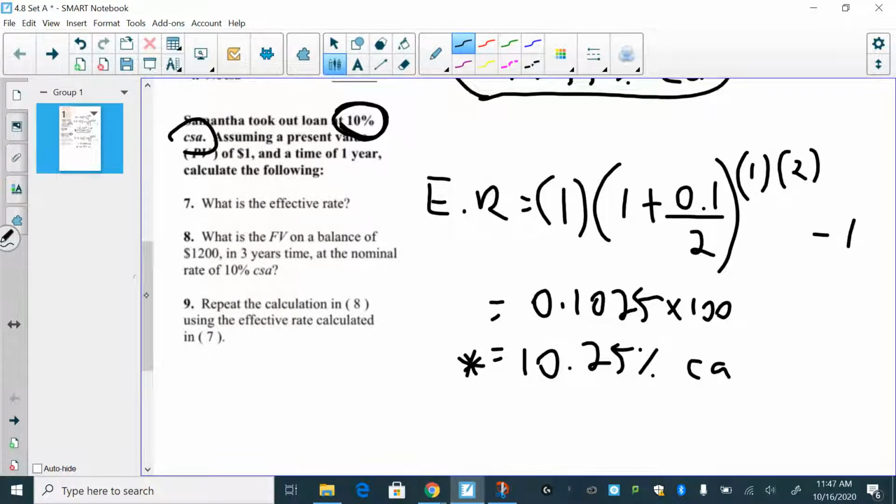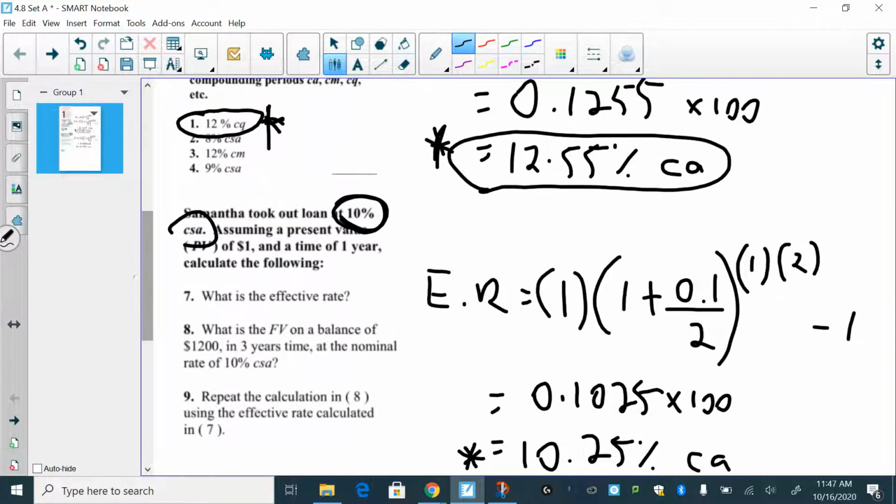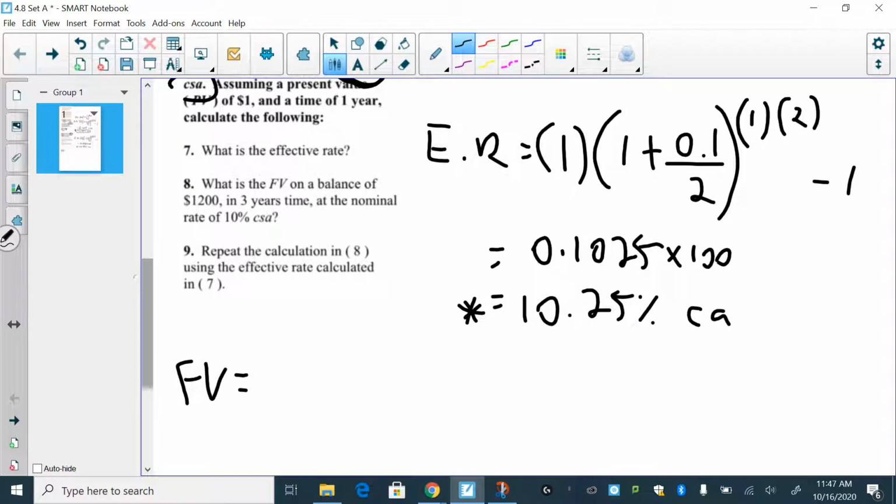So let's look at what happens here. Let's look at number 8. We're saying let's solve for the future value. So we're going to use the 10% compounded semi-annually. Let's see what happens. We've got $1,200. So that's say a credit card, $1,200. Perfect. So 1 plus 10%, so 0.1 divided by 2, looking for 3 years times 2.